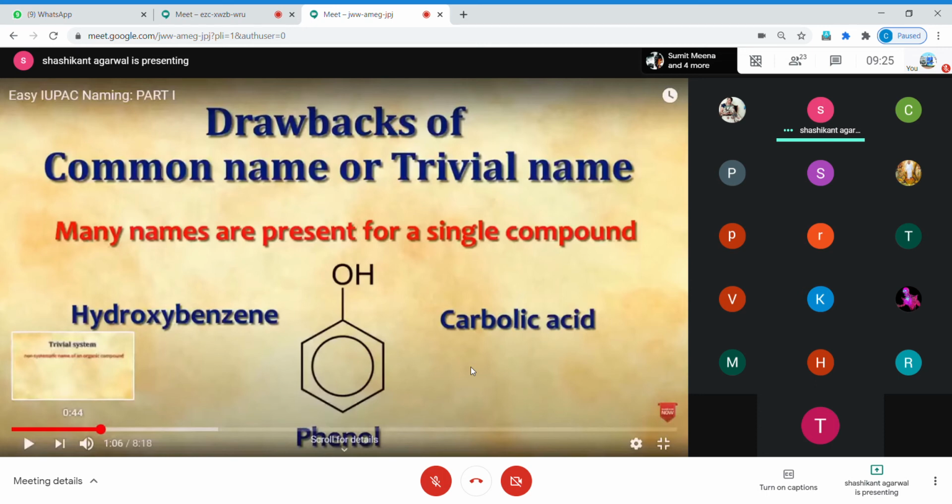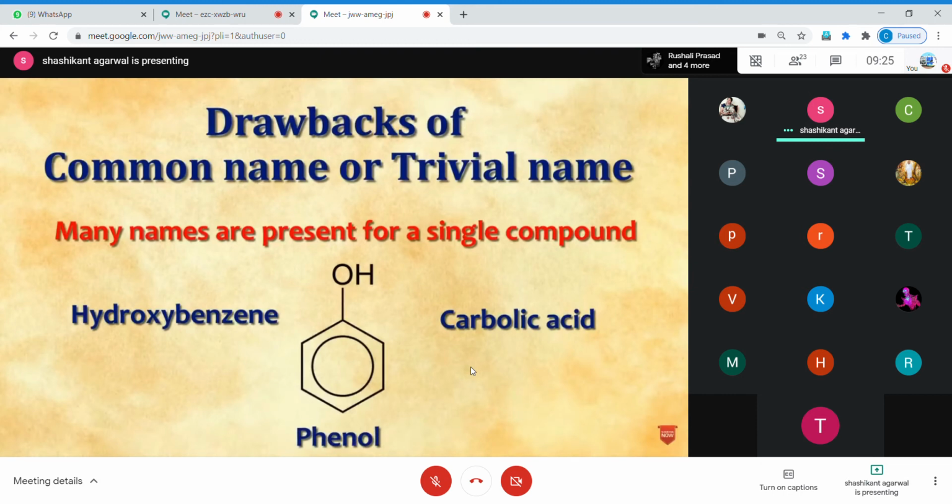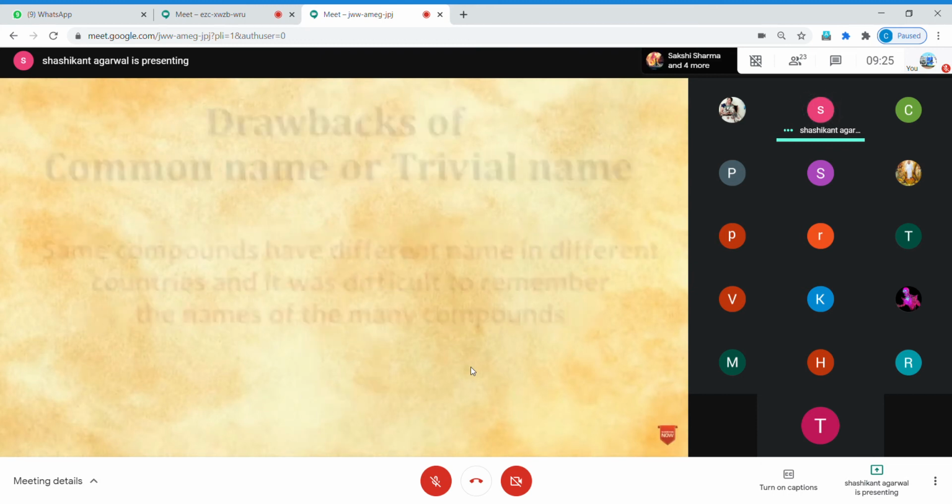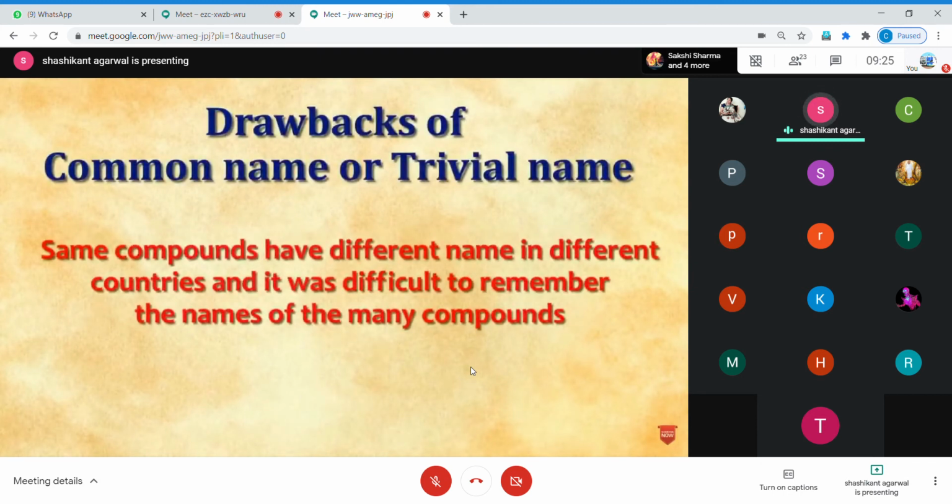Now, common or trivial names are misleading, and a single compound can have many names, so we have switched to IUPAC. Like hydroxybenzene, carbolic acid, and phenol. The same compounds have a different name in different countries, and it was difficult to remember the names.